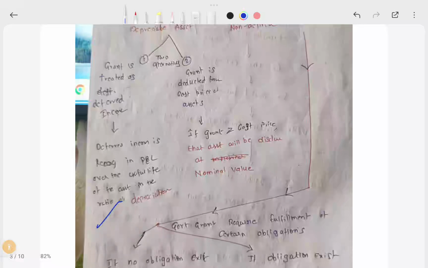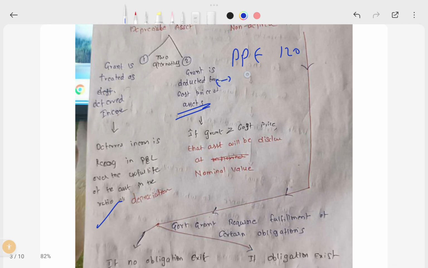There is another option also. You can directly disclose it as a reduction in the cost. Suppose plant and equipment 120 crores less government grant 100 crores, so net PPE 20 crores.